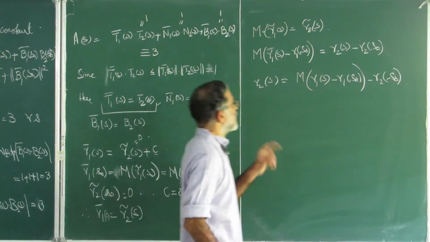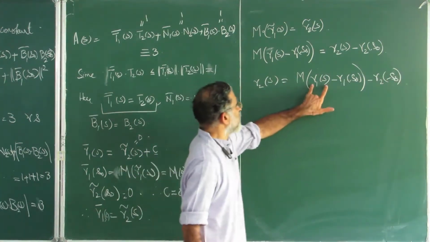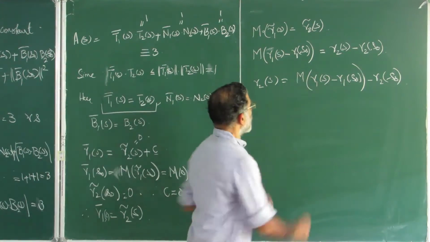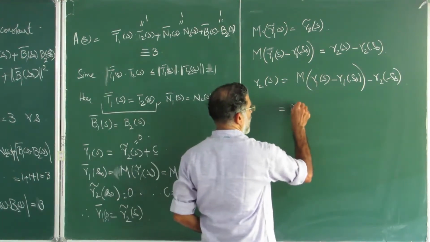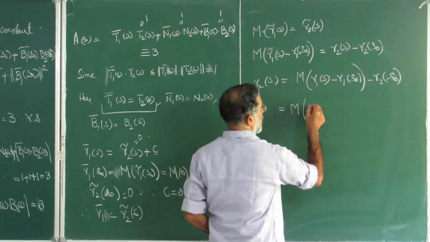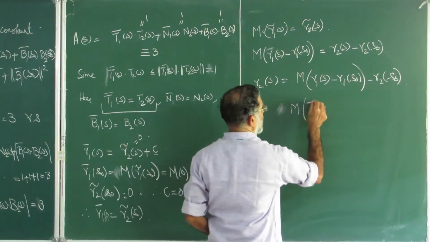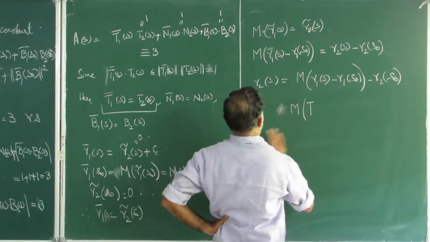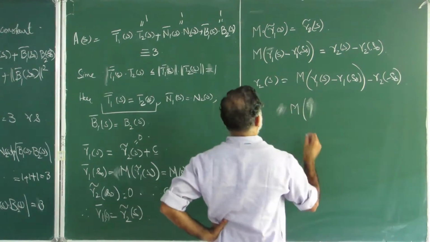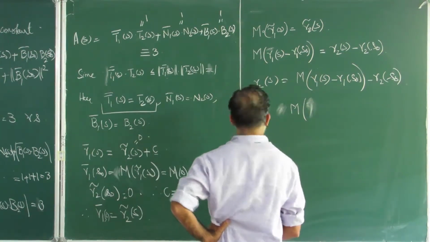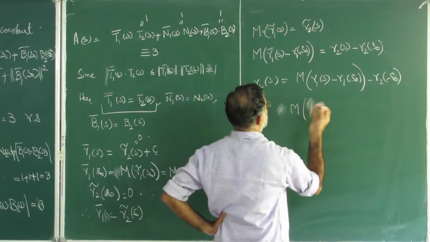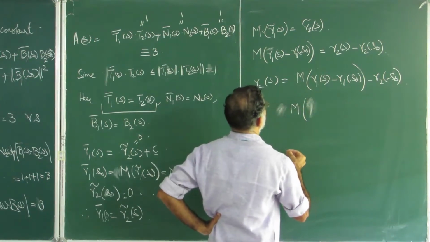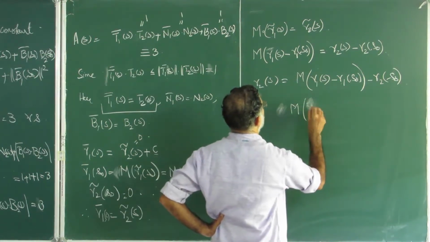So what do you do? You start with gamma 1. First go for a translation. If you want, I can write that. Well, T may be a problem here, because I've been using T for tangent. So for translation, I don't know a better notation.